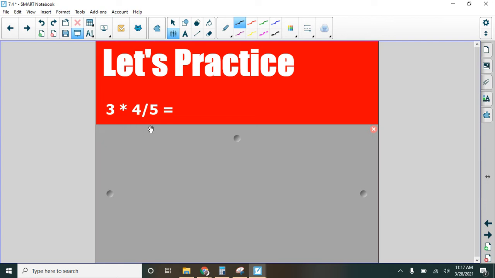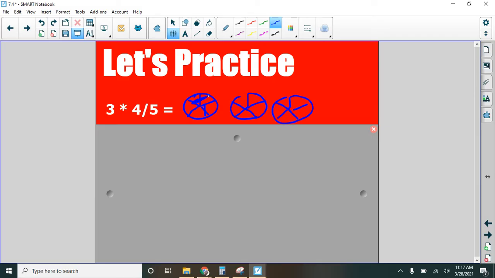This, right? We would want to represent it. So we'd have 3 times 4/5. Now, one way we could do that would be to create some 4/5 circles. Let's see if I can do that. Oh, that doesn't look very good. So 1, 2, 3, right? And I'm going to have 4/5 on each one.